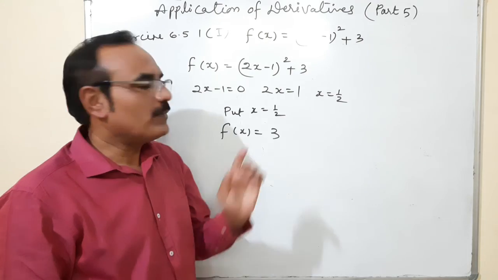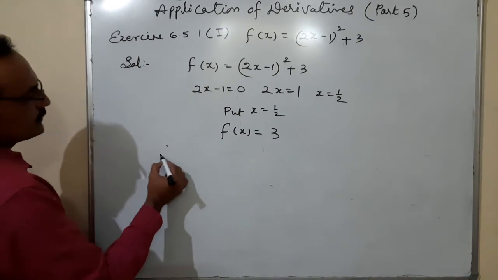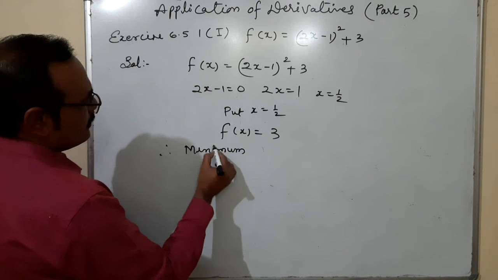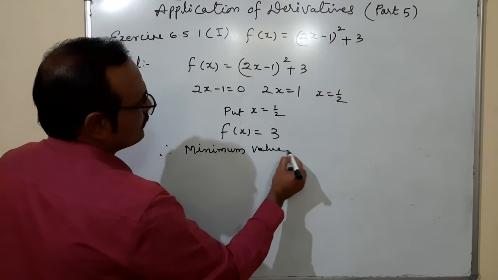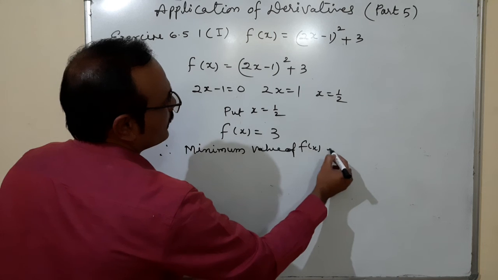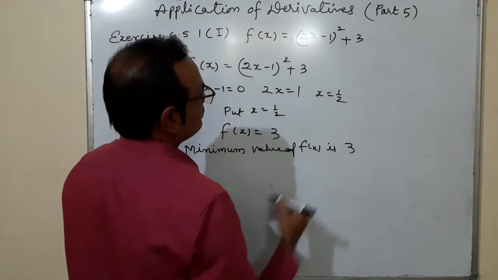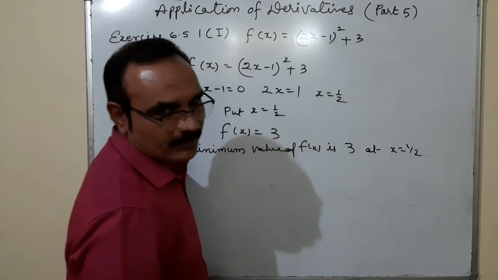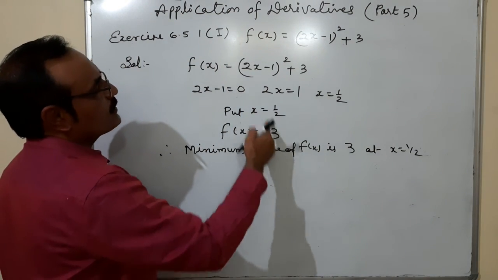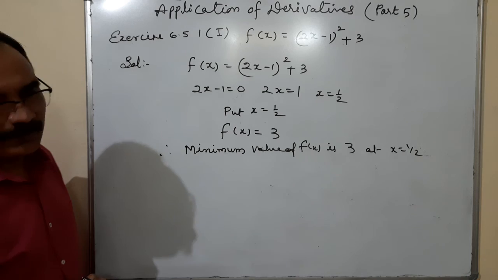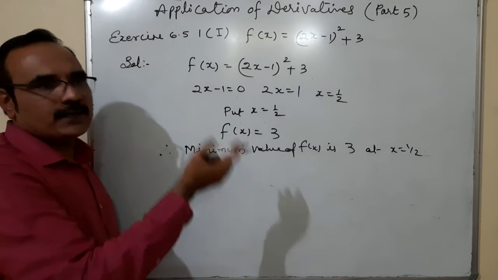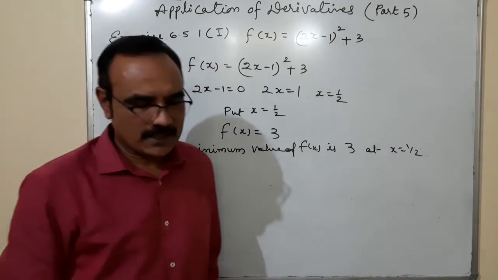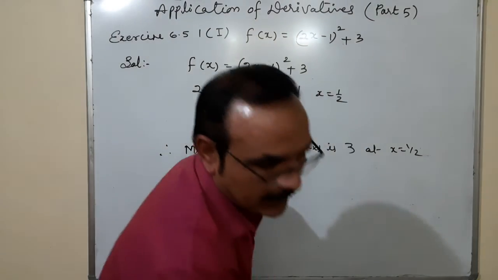Therefore, the minimum value of f of x is 3 at x is equal to 1 by 2. Maximum value we cannot find because it goes up to infinity. Minimum value is 3; less than 3 we are not getting.